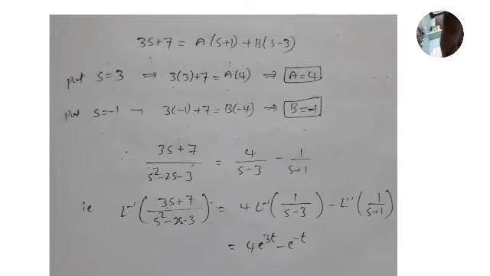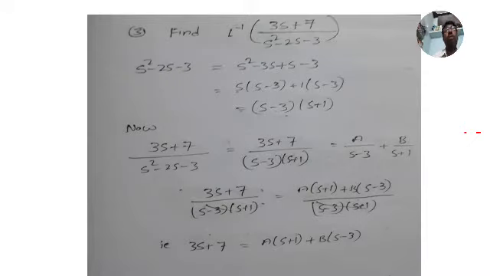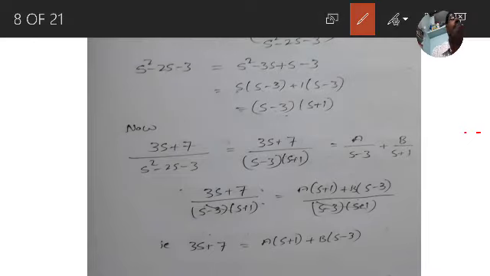If you want, you can note it down. This is our third problem: 3s plus 7 by s square minus 2s minus 3. So what is the difference between the first, second and third problem? In first and second, the numerator is only 1, but here the numerator is 3s plus 7.